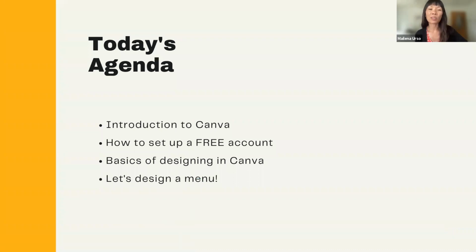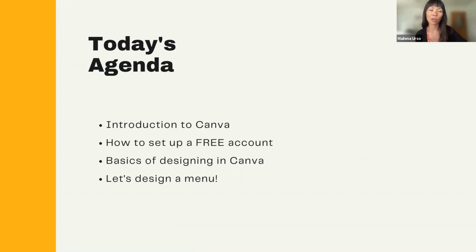Okay. So today I'm going to give you a small introduction of Canva if you've never heard of it before, and how to set up a free account. It's totally free. We're going to go through Canva and just show you some basics of designing in Canva.